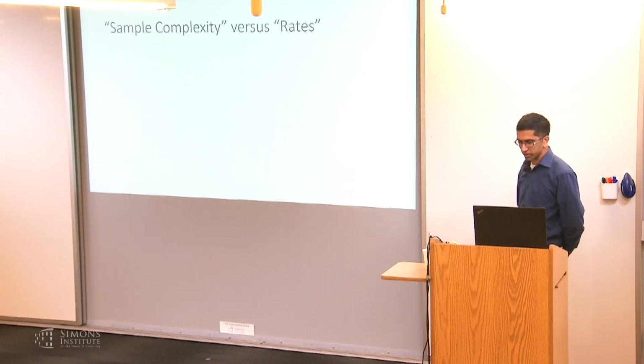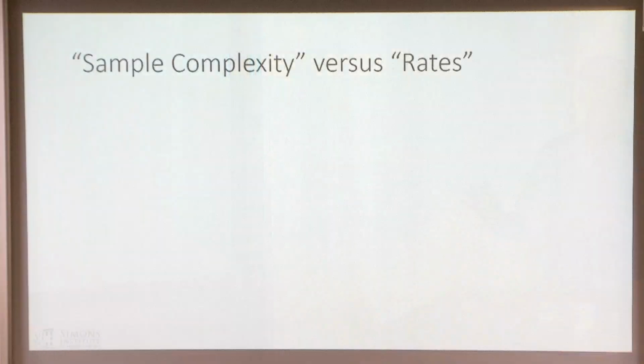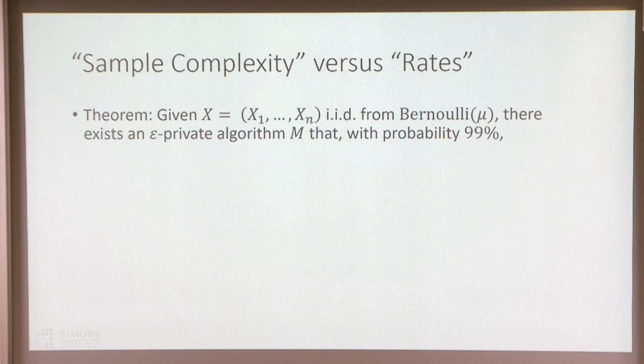Okay, so one last distinction, or maybe terminology point, that I want to make is sample complexity versus rates. Maybe you've heard both these terms, and they're actually equivalent in the type of statement I'm going to make today. I'm going to present a theorem and then two ways of finishing the sentence.